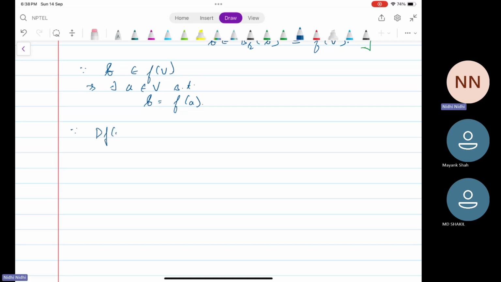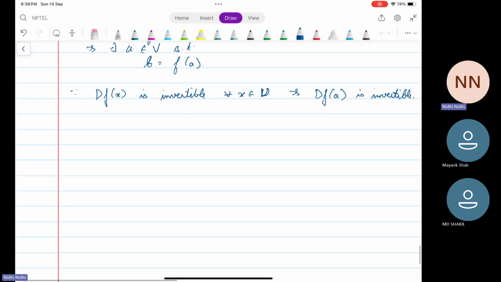Since df(x) is invertible, this is what we were already given, invertible for every x in U, and obviously V is a subset of U, this implies df(a) is invertible. And then by the inverse function theorem, we'll be using the second point.